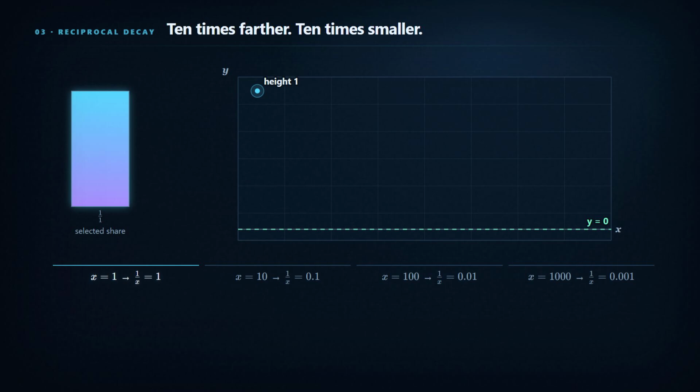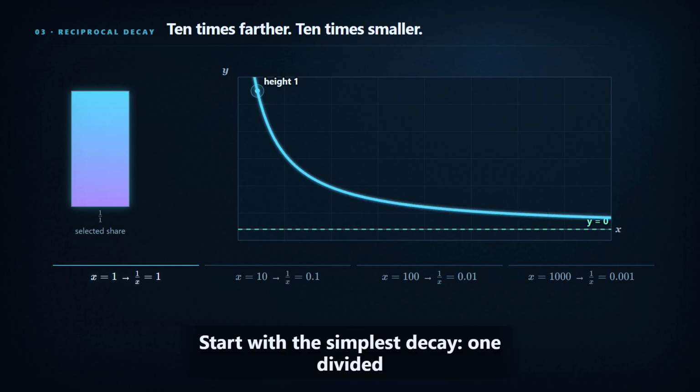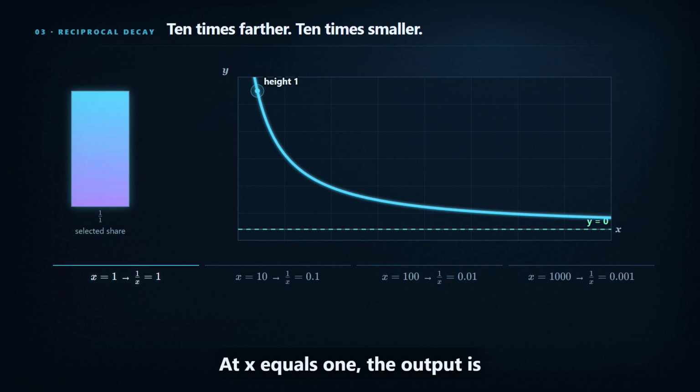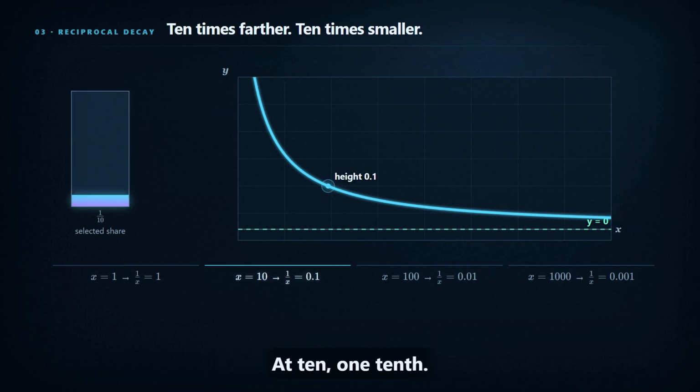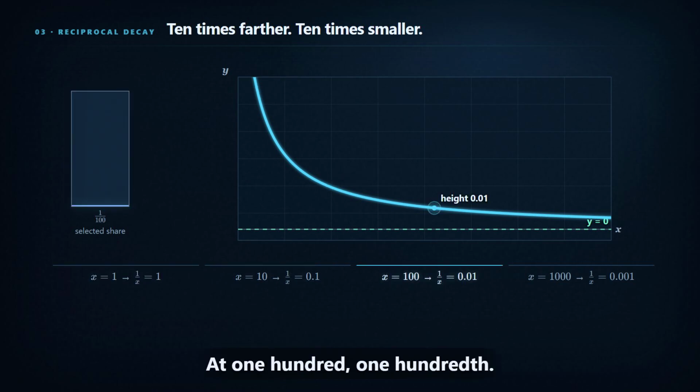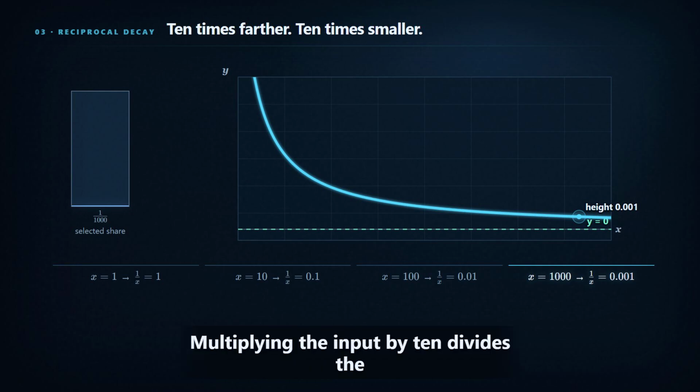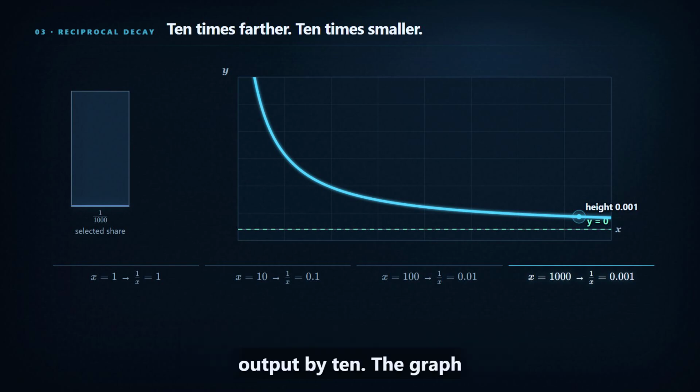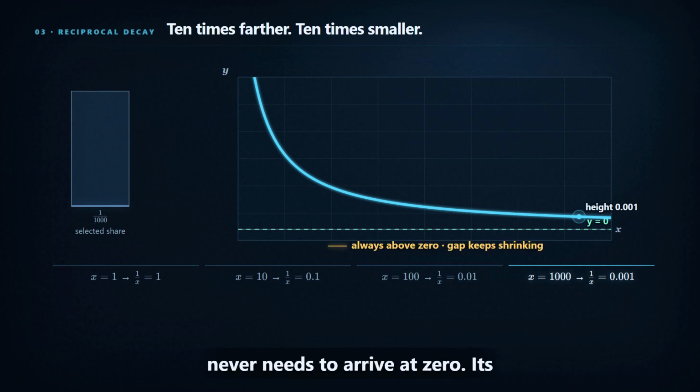Start with the simplest decay, 1 divided by x. At x equals 1, the output is 1. At 10, 1/10. At 100, 1/100th. At 1000, 1/1000th. Multiplying the input by 10 divides the output by 10. The graph never needs to arrive at 0.